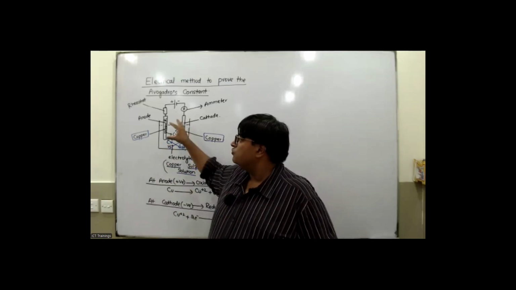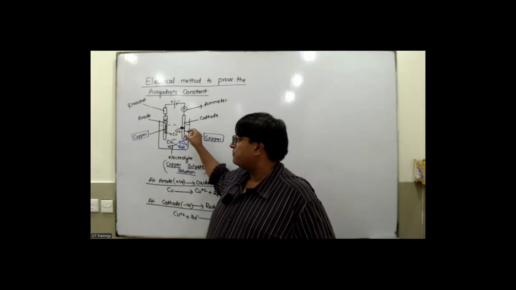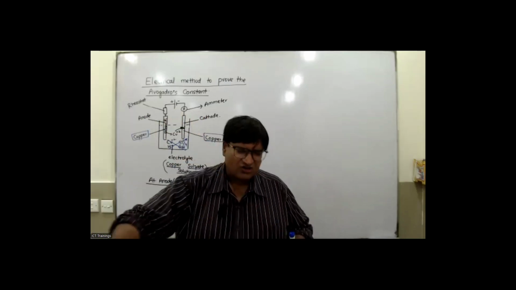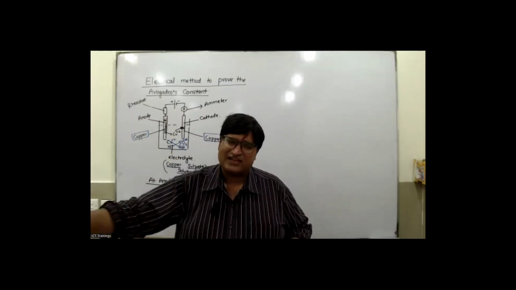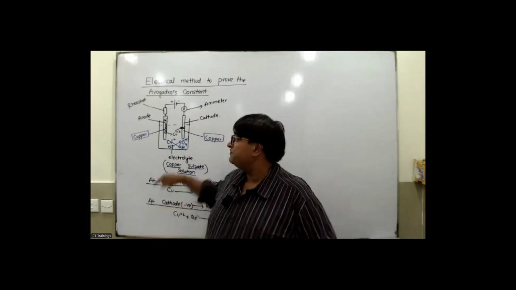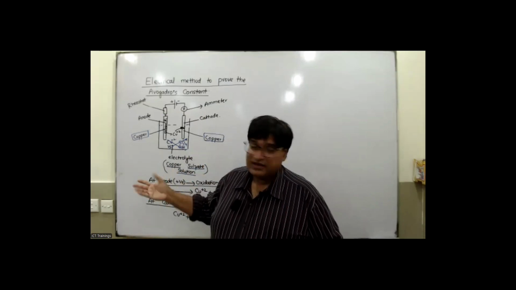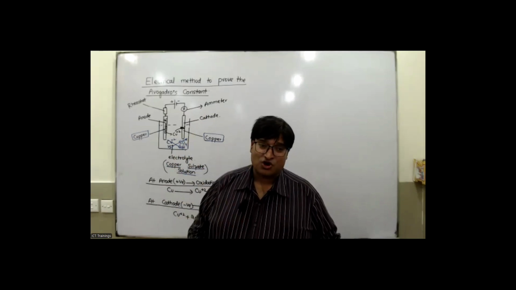So if you pass a small amount of current, the deposition of the copper atoms on the cathode is rigid. It would not flake off. It would remain attached to the copper cathode very permanently. But if faster deposition of the copper occurred, the deposition would not be too rigid or too strong.